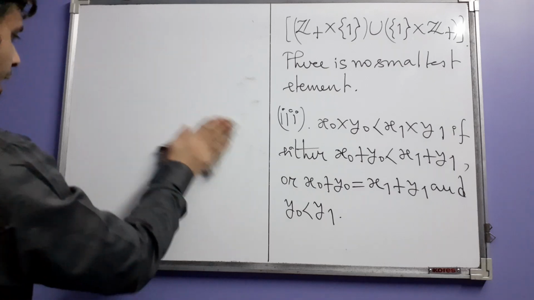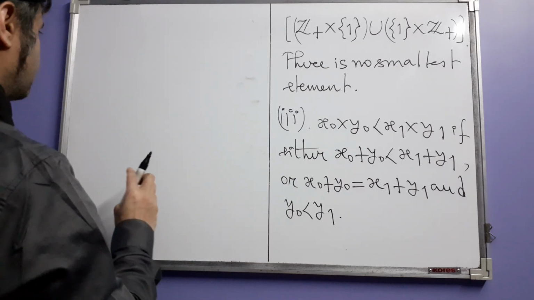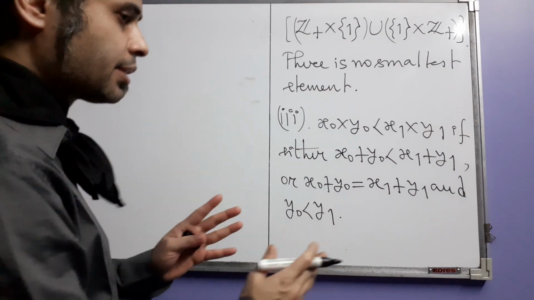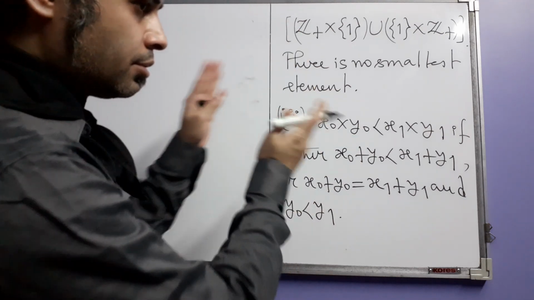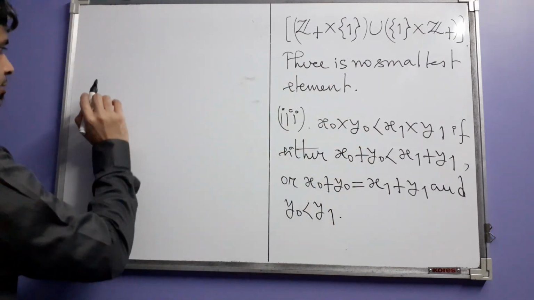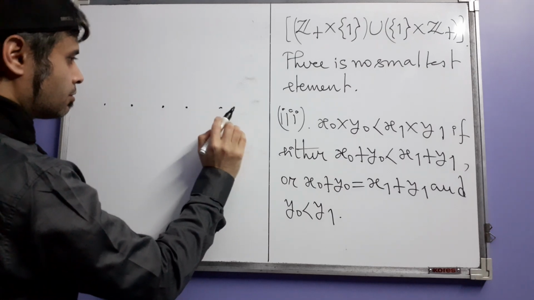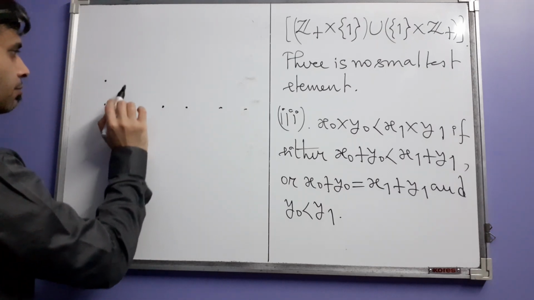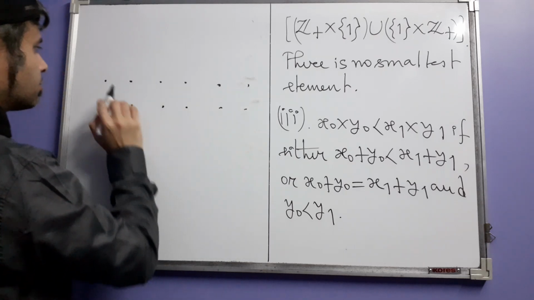Now what will be the diagram for this one? For this one, the diagram is another rotation of the dictionary order, but instead of this clockwise rotation, you have counterclockwise rotation. We will see why.